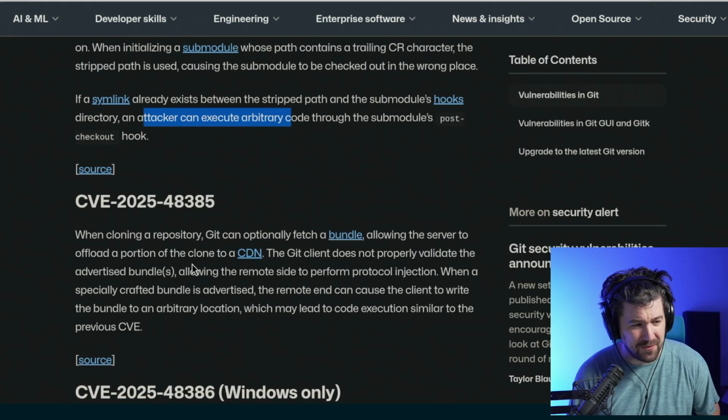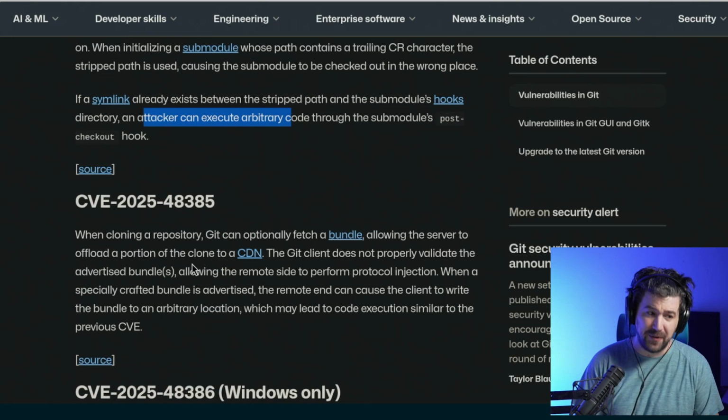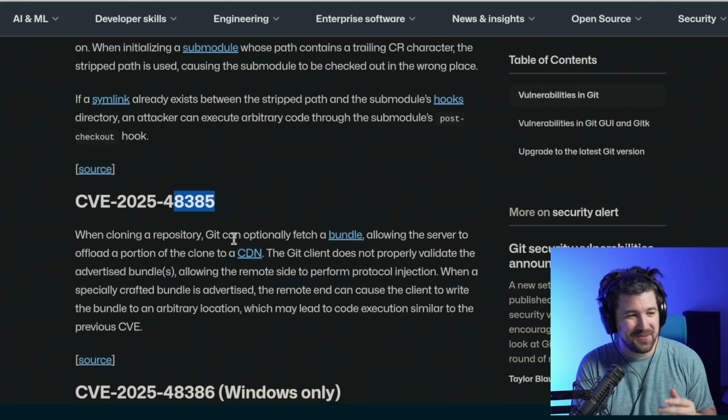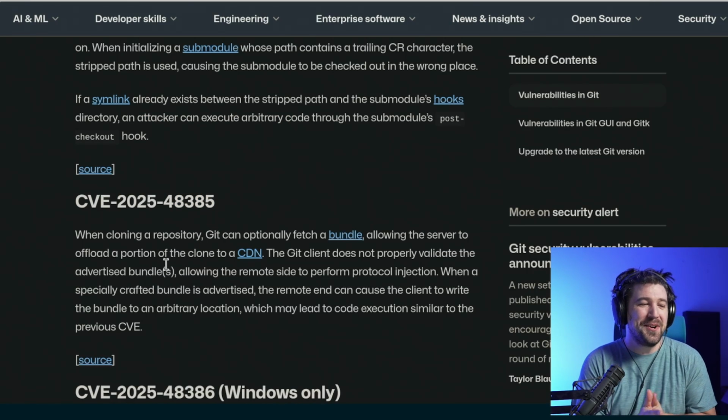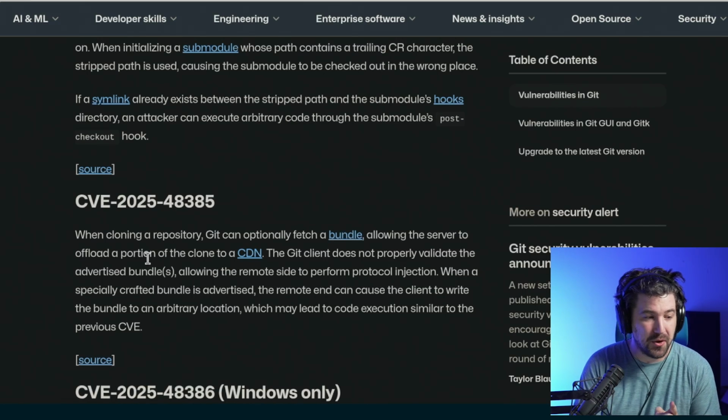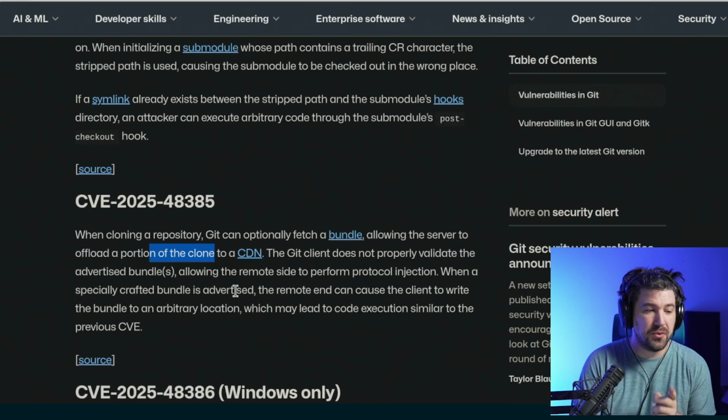CVE-2025-48385. I'm sorry, just reading those for the fun of it. When cloning a repository, Git can optionally fetch a bundle, allowing the server to offload a portion of the clone to a CDN.